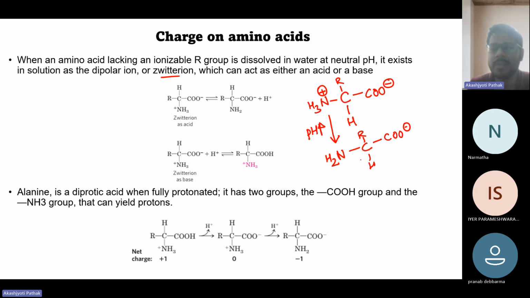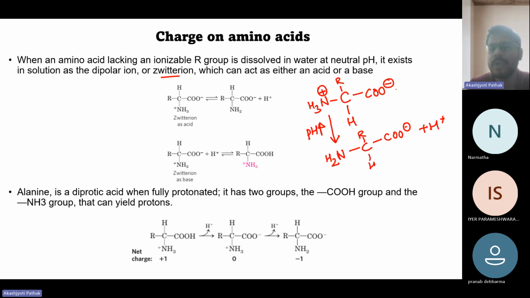So if you keep on adding OH to the solution, this protonated NH3 plus group loses its proton, and it behaves as an acid.